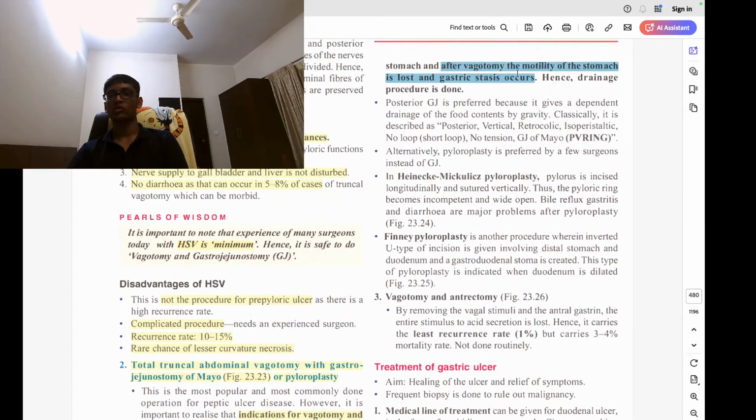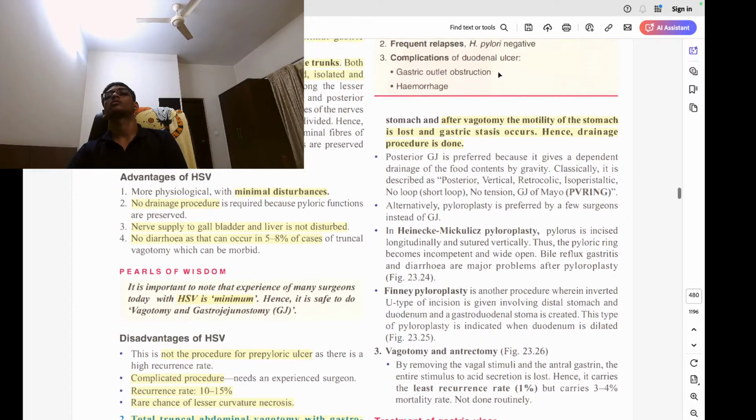After vagotomy, motility of the stomach is lost and gastric stasis occurs, hence a drainage procedure is done.